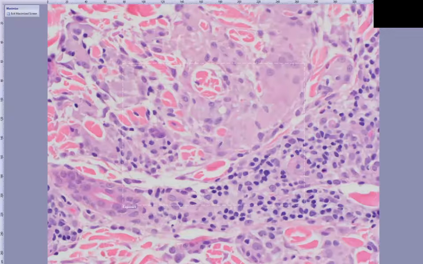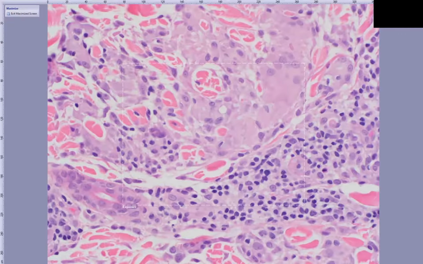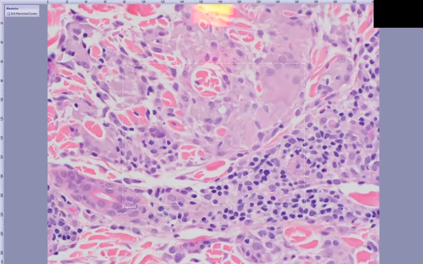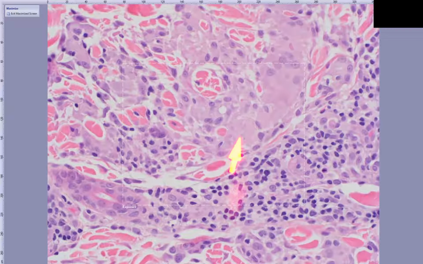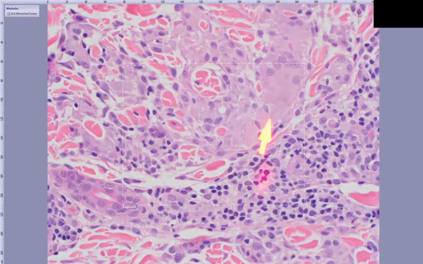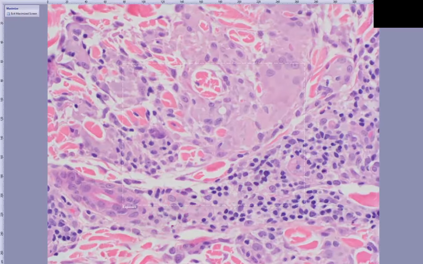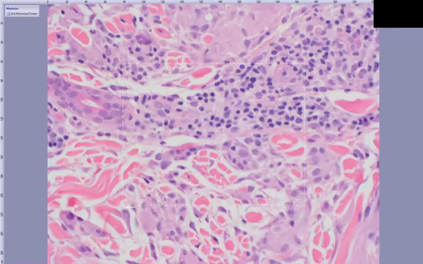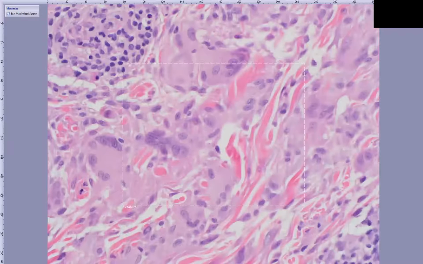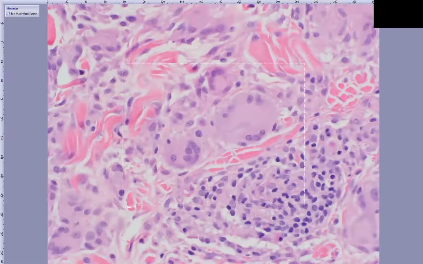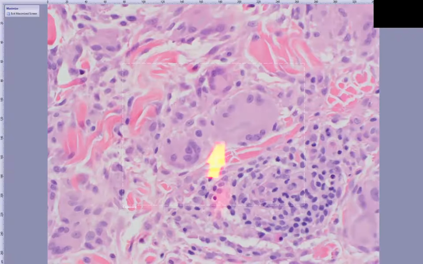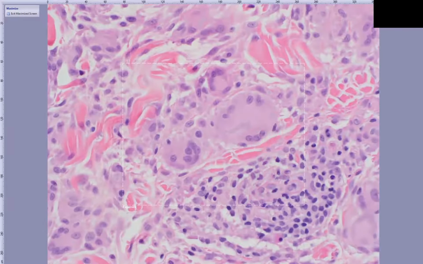And so what you're looking for are these faintly bluish gray structures in the cytoplasm of the giant cells. An elastic tissue stain helps you appreciate it better, but we call that elastophagocytosis. And there's a great example there in the cytoplasm of that giant cell. You can see some fragments of elastic tissue fibers.